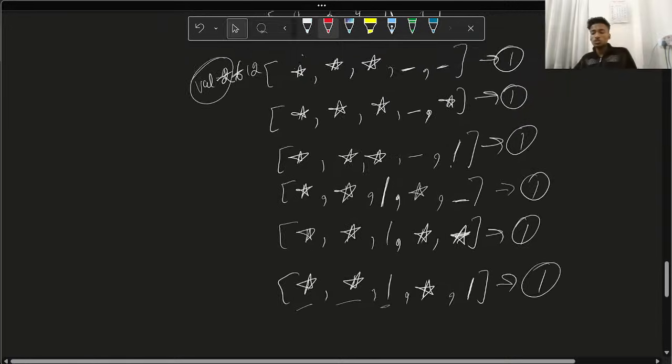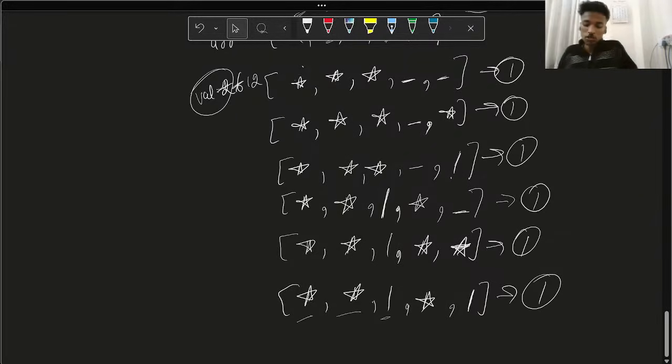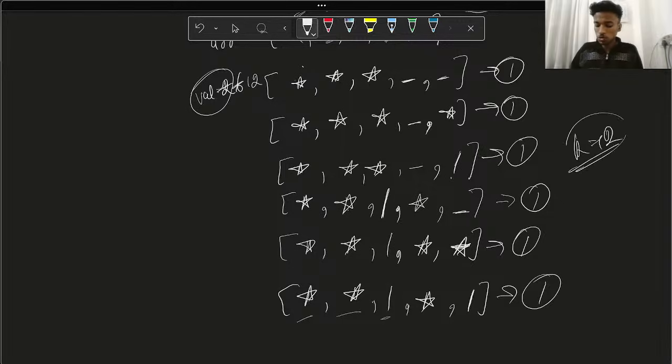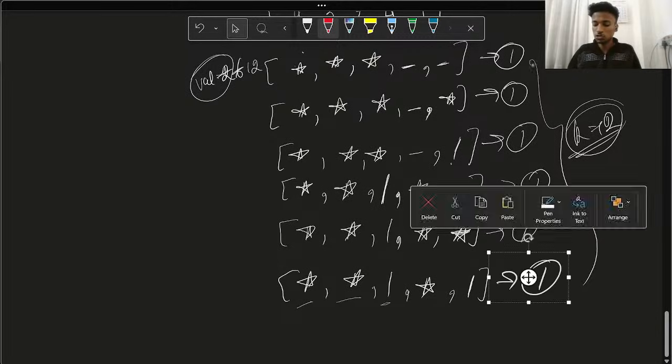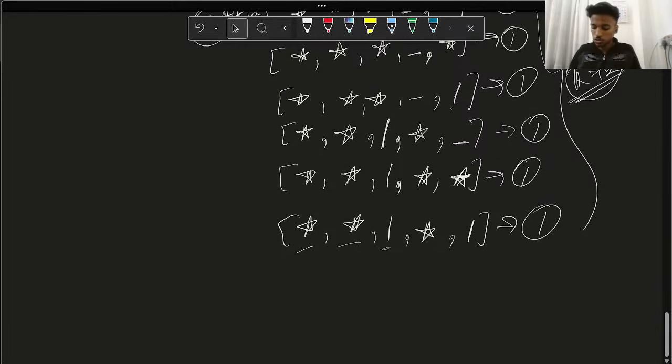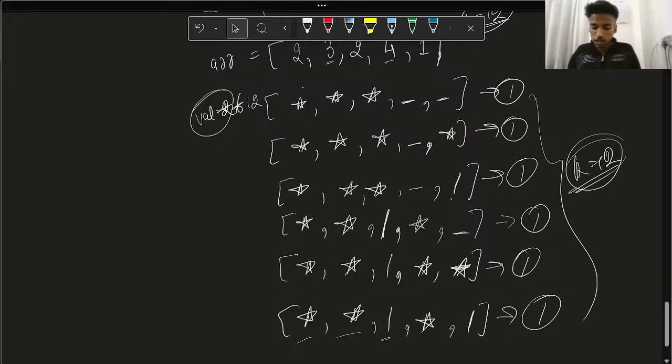So again, you can see you are getting many different configurations for getting k equal to 12 finally. Apart from this, there are many others also in this given example.